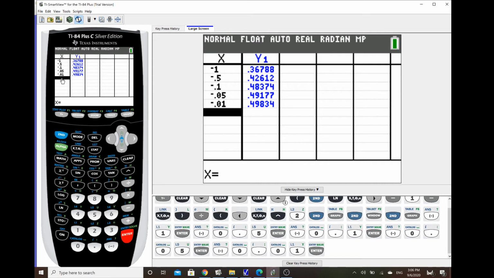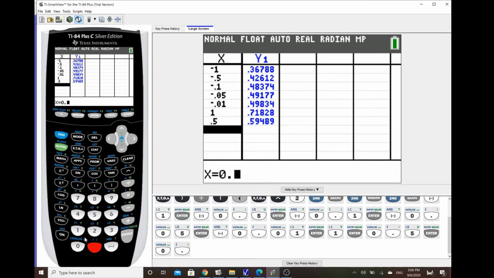Now let's find the limit approaching from the right-hand side at 0. Let's say 1, 0.5, and then 0.1 first.